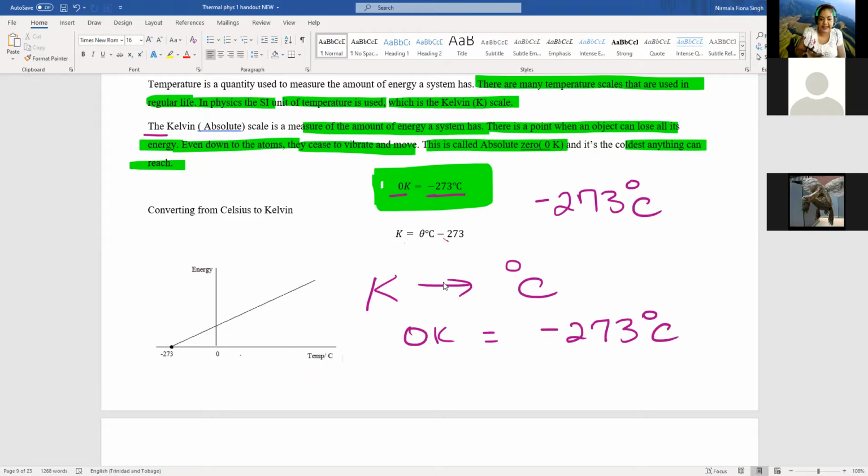They're related by a number, right? 1 Kelvin will be equal to 1 minus 273 degrees Celsius, and that's going to be minus 272 degrees Celsius.